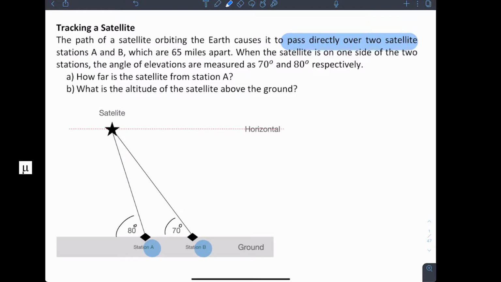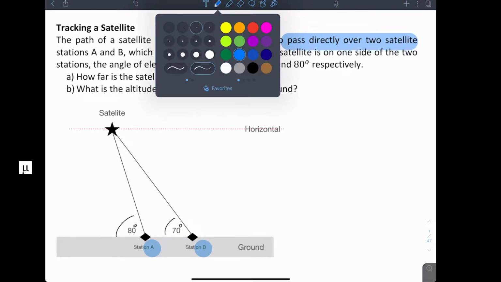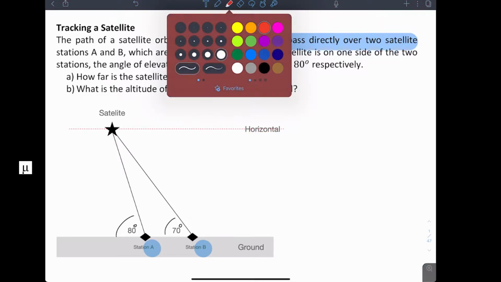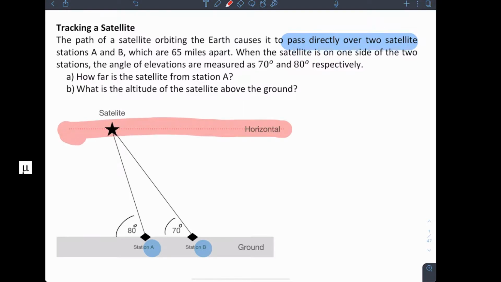And if you ask what the path is, well, they didn't say this to you, but the path is known as a horizontal. So it passed directly over the two, called A and B.